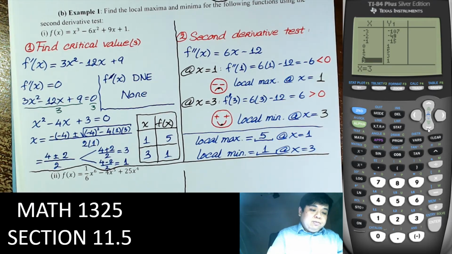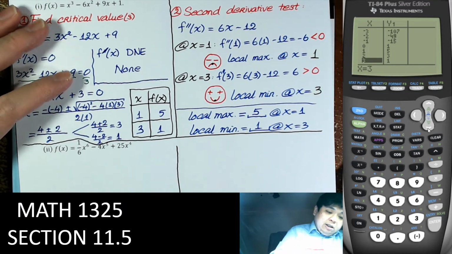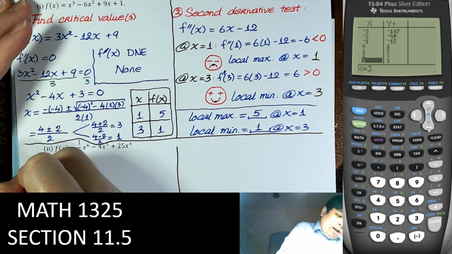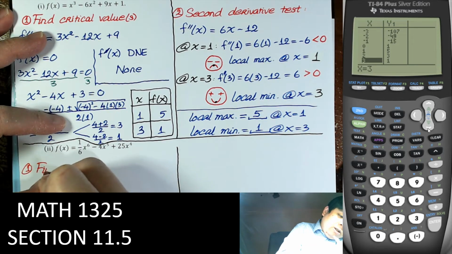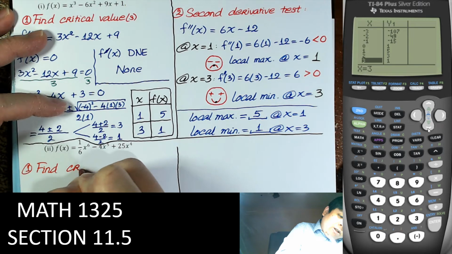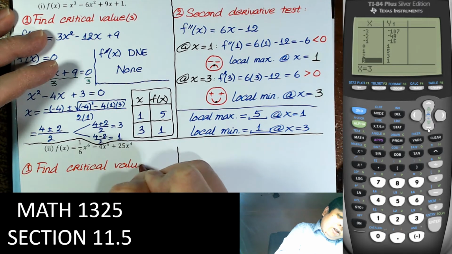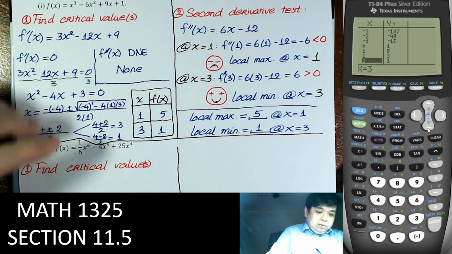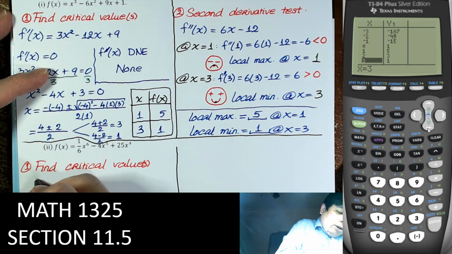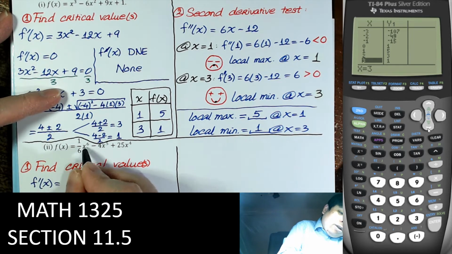Right, now we have this function. Again, we do the same thing. Find the critical values. We'll take the derivative. Take down the 6, we have 6 times 1/6, which is x to the 5th.